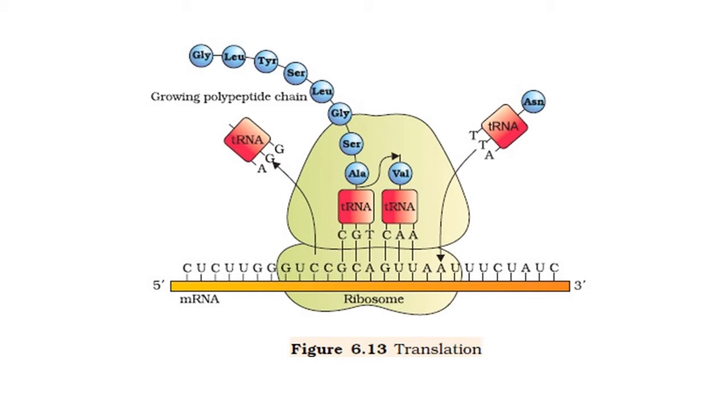Here the different amino acids arise from the cytoplasm and are arranged on this organelle, and one by one, through peptide bonds, a dipeptide molecule is formed, and gradually a polypeptide chain, that is protein, is synthesized here.